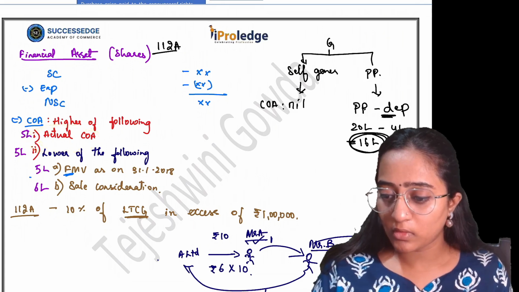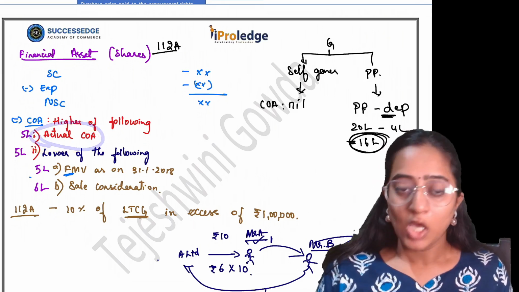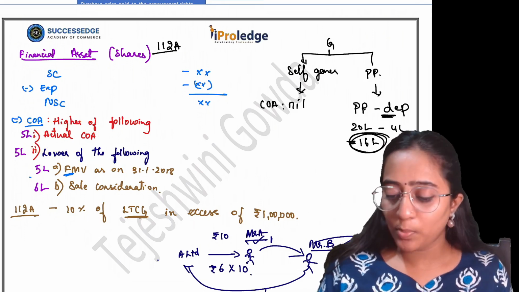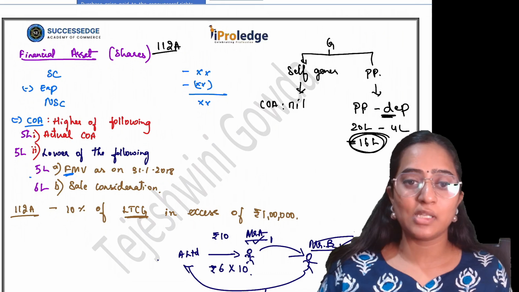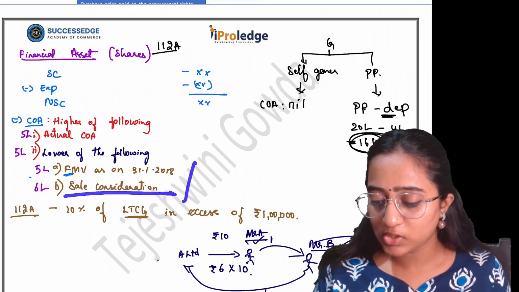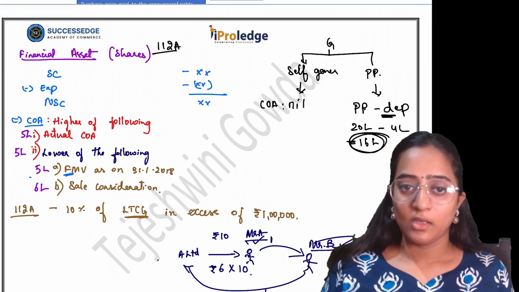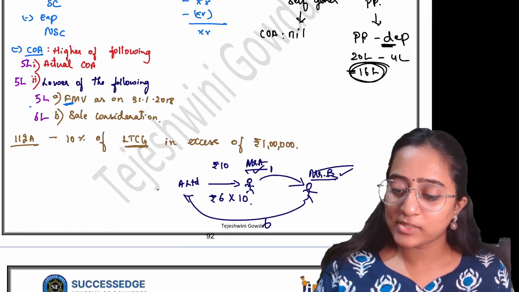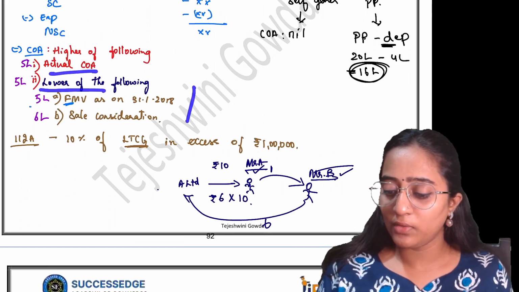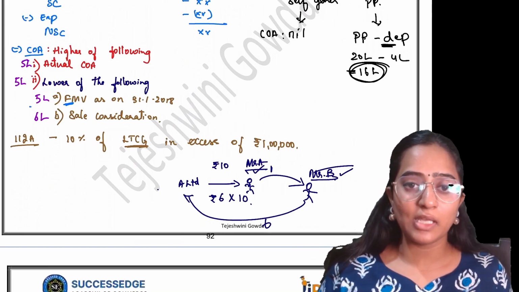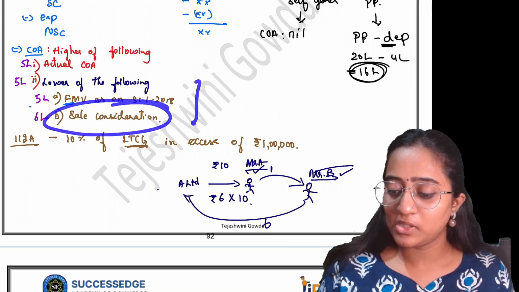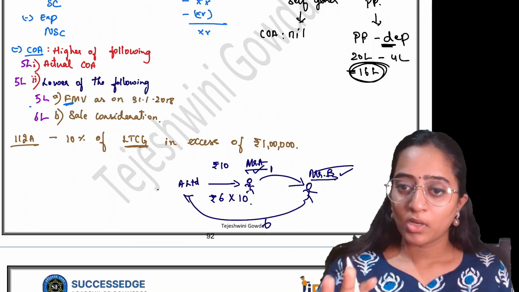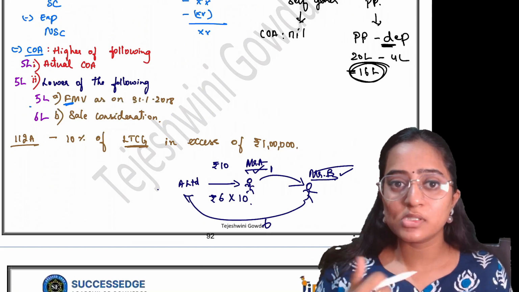Your actual cost of acquisition, or the lower of the following: FMV as on 31/1/2018 or the sale consideration, whichever is lower. Everyone, cost of acquisition is going to be the higher of the actual cost of acquisition, or the lower of fair market value as on 31/1/2018 and sale consideration. Whichever is lower would be considered as your cost of acquisition. Let's try to understand why.